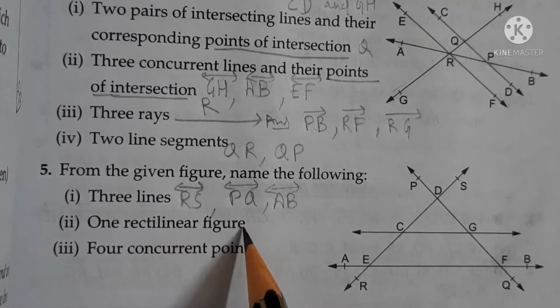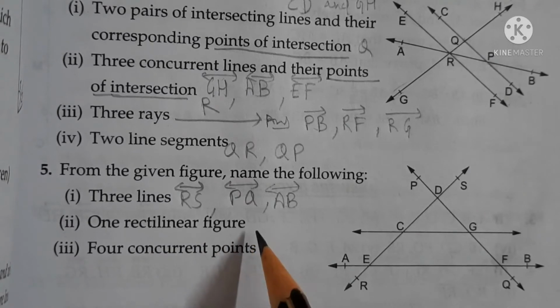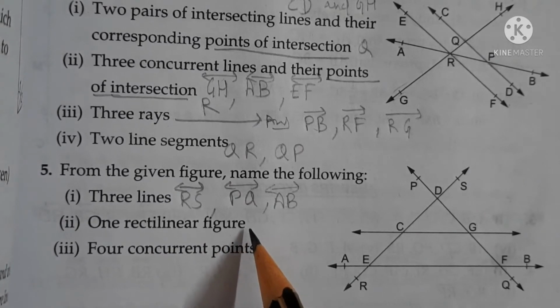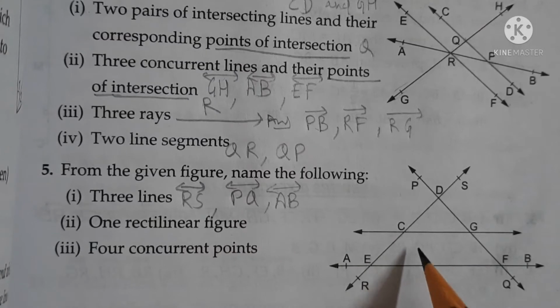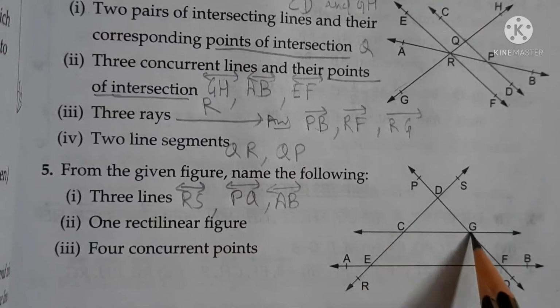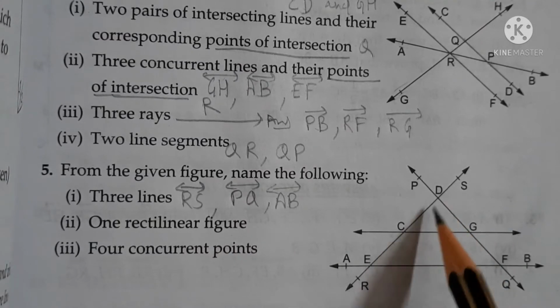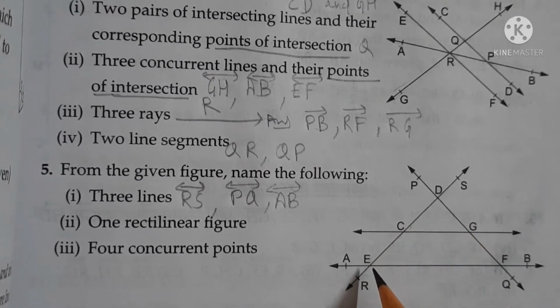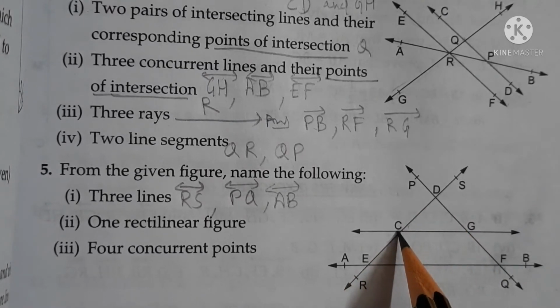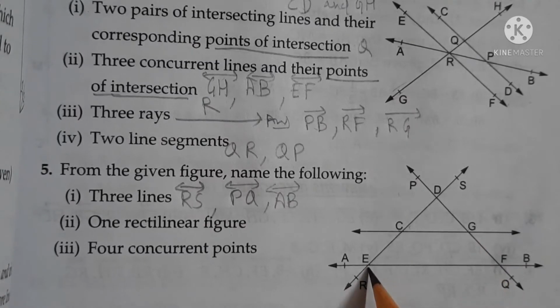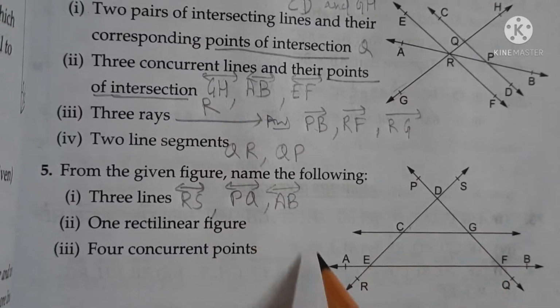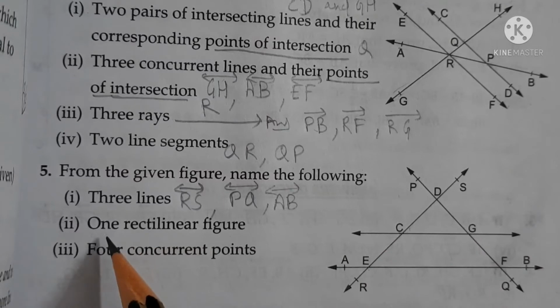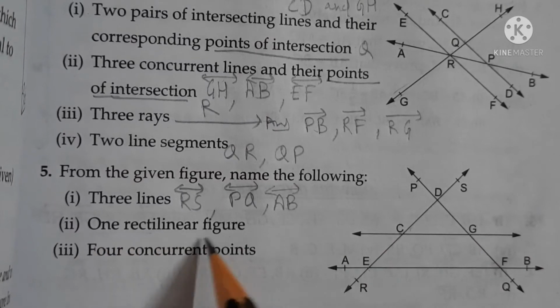Now one rectilinear figure. The figure made by line segments and a closed figure. Here 2 closed figures: CDG and one more, CGFE. So take any, because only one you have to mention.